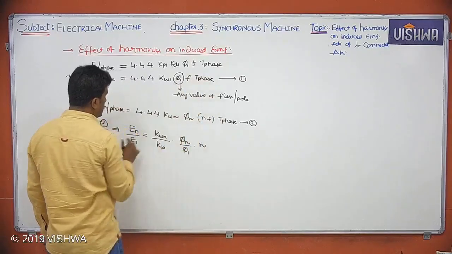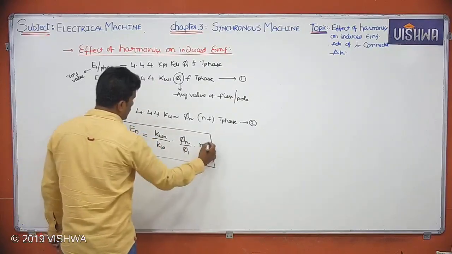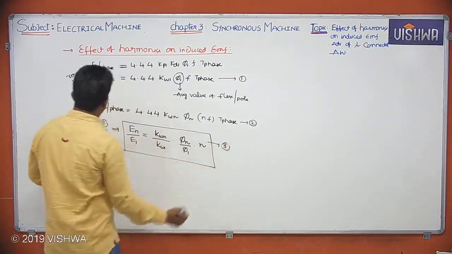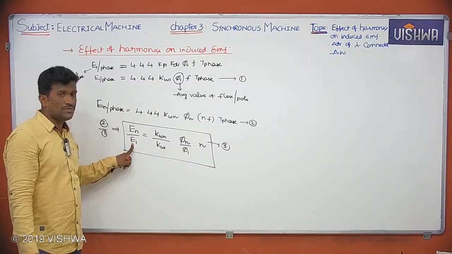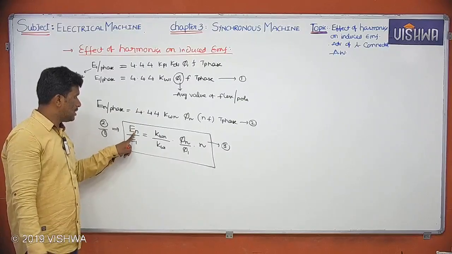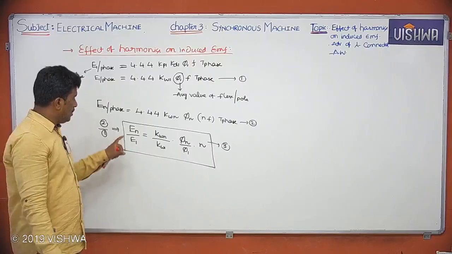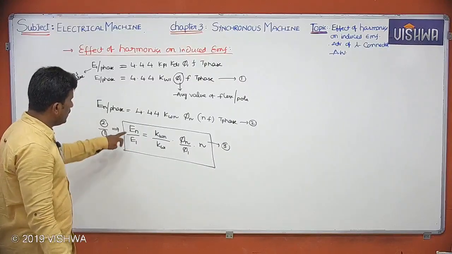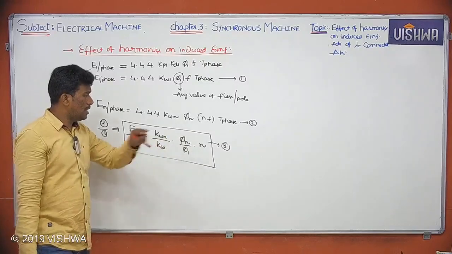T phase cancels. This is the En by E1 equation, where E1 is the fundamental RMS value of EMF per phase and En is the nth harmonic RMS value of EMF per phase. So this is En by E1 in terms of Kwn, Kw1, phi n, phi 1 and n.